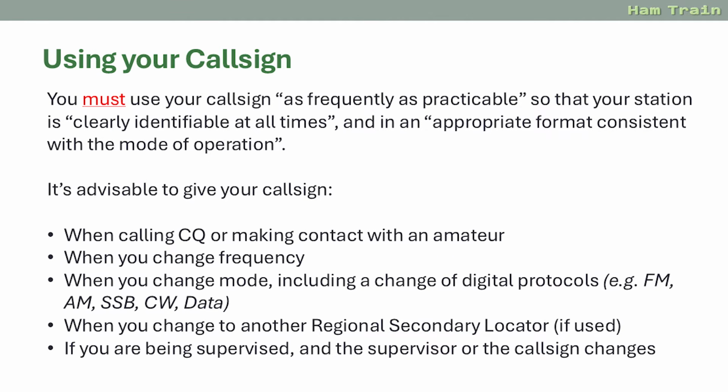It's advisable to give your call sign when you are calling CQ to try and make contact with someone, or you make contact with an amateur for the first time. You should also give your call sign when you change to a new frequency. You should also give your call sign when you change mode, including a change of digital protocols. For example, changing from FM to AM, or SSB, or into CW Morse code, or a data mode. Again, give your call sign.